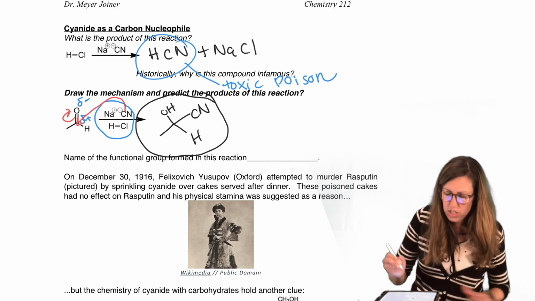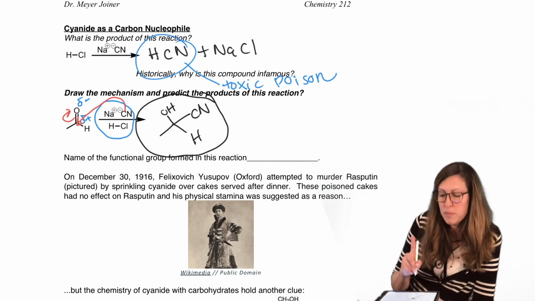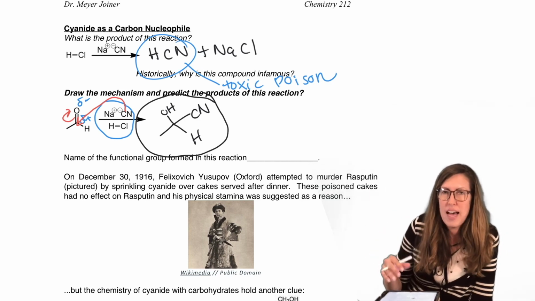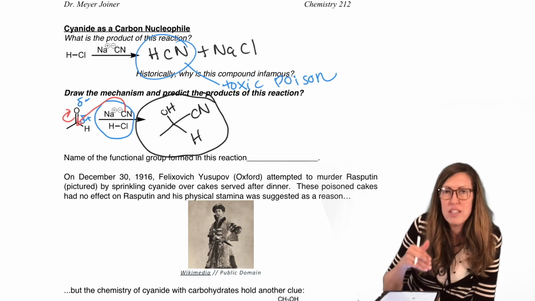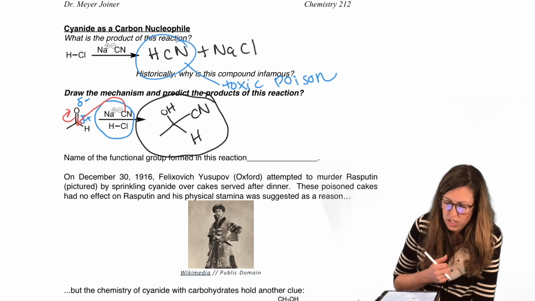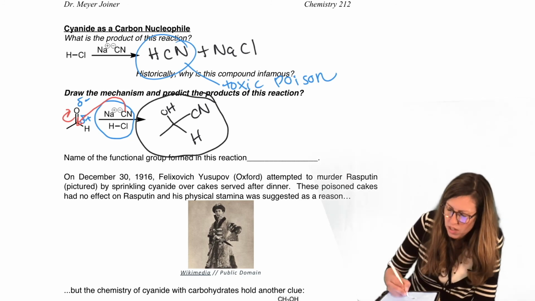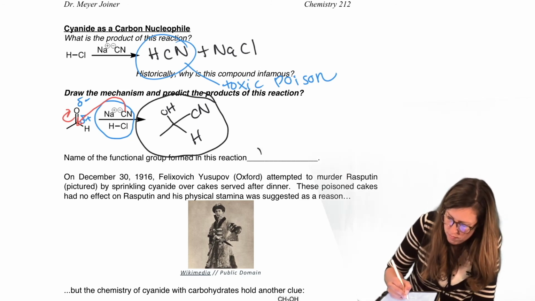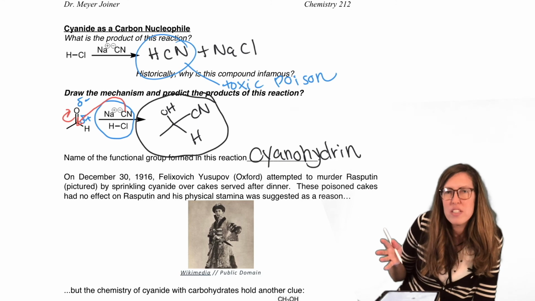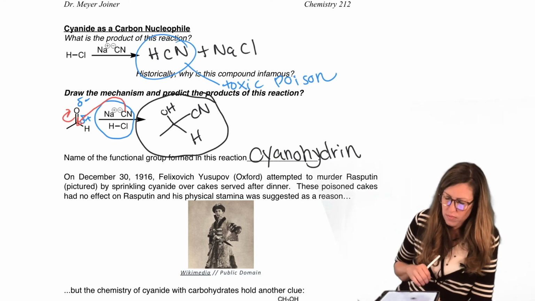So you can actually extend your chain by one carbon only. So if you see this new nitrile added to a carbon and you have an alcohol present, you must have used this reagent, NaCN and HCl. It has a name. This is called a cyanohydrin. Because you made basically like a hydrate, only one of the OHs is a CN.